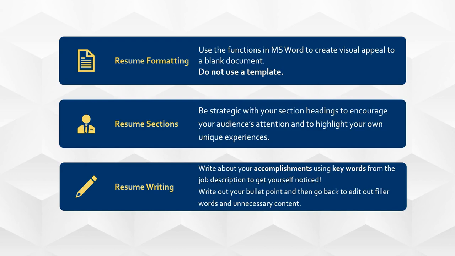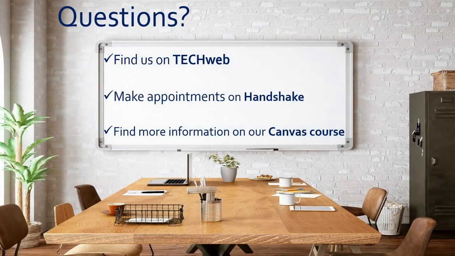And finally, with resume writing, write about your accomplishments using keywords from the job description to get yourself noticed. Write out your bullet points and then go back and edit out any kind of filler words and unnecessary content so that your key points really stand out to your reader.